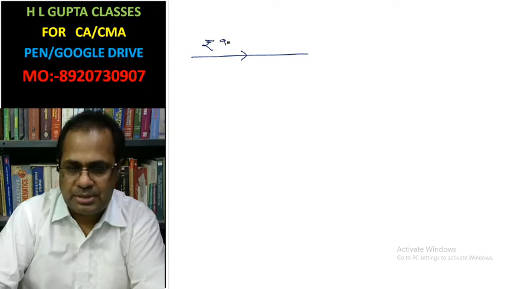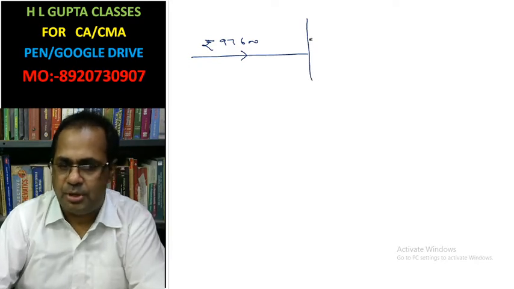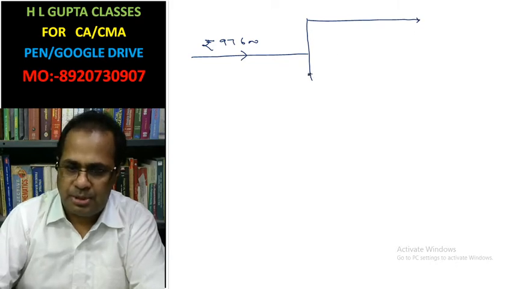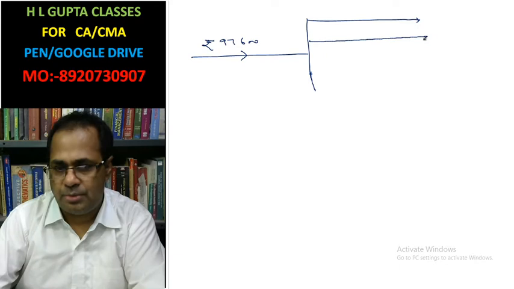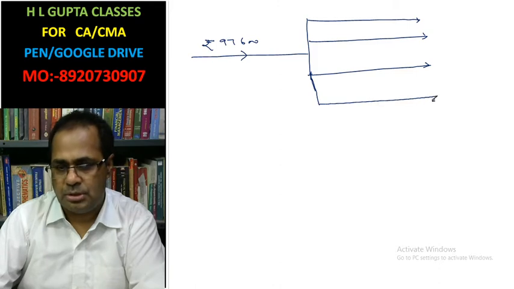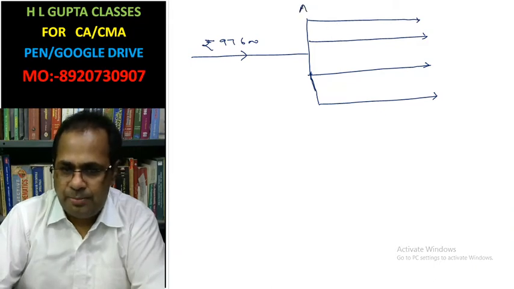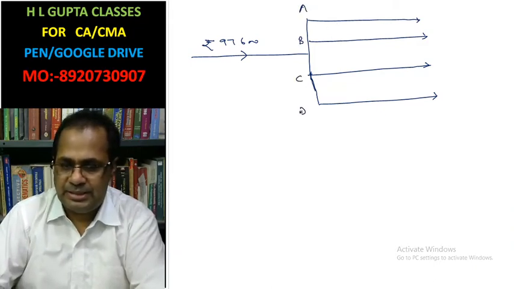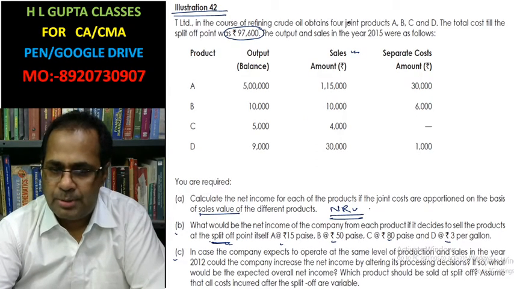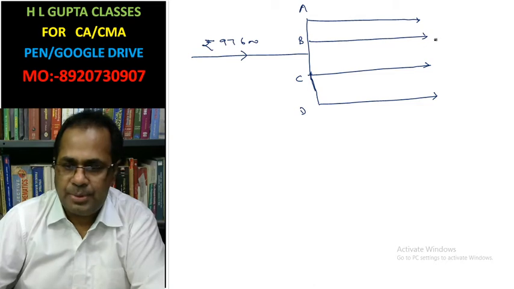At the splitter point the products go for further processing. The products are A, B, C, D. The sales amounts after further processing are 1,15,000, 10,000, 4,000, 30,000.